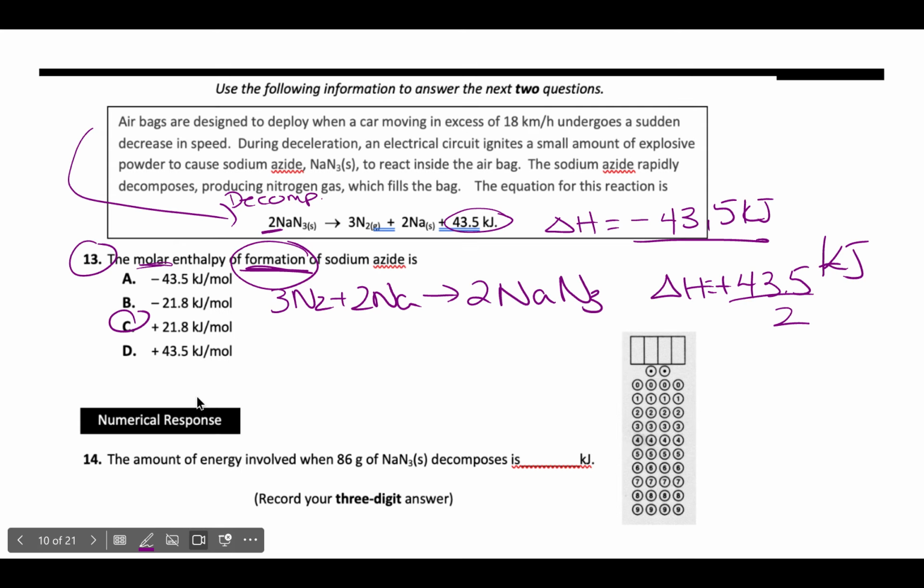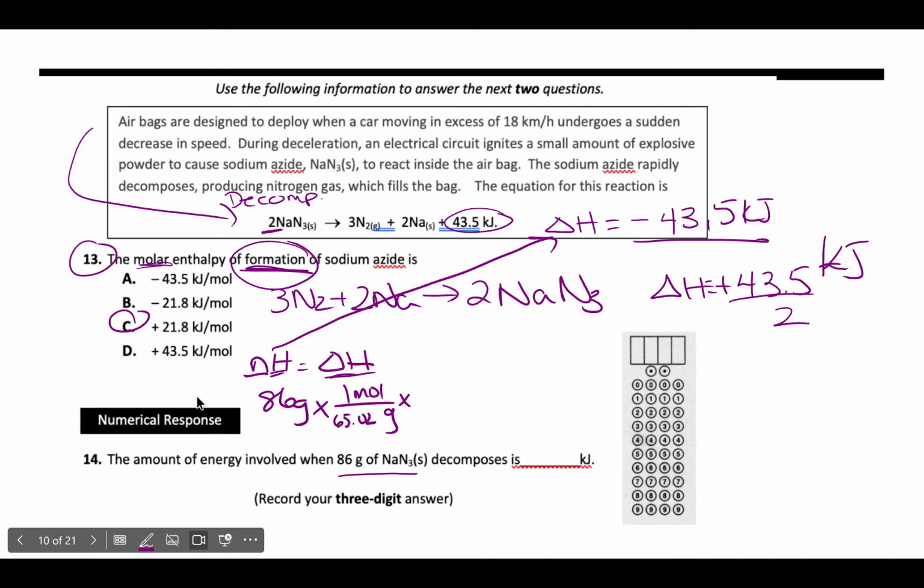Now with the next number 14, it's asking for the energy involved when we are decomposing. So this is an n times delta H equals delta H question. We're able to get to moles. We have the delta H from the reaction, and we're going to find out the energy produced. So we'll have 86 grams divided by the molar mass of our NaN3, which is 65.02.